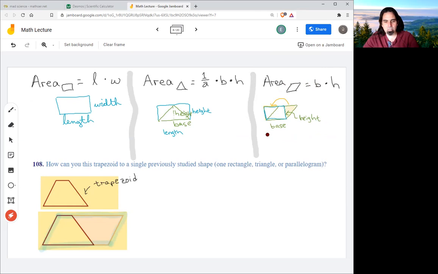That's one I know. So I have something that's the base for this whole thing and something that's the height for this whole thing. And the area of that parallelogram is base times height. But that's too big. How much is it too big?